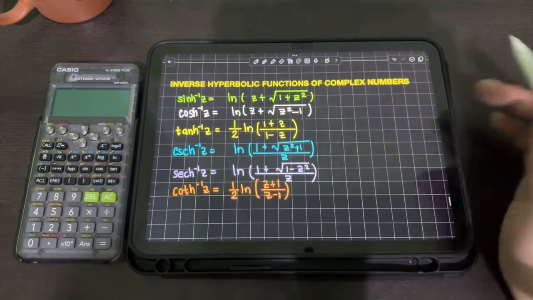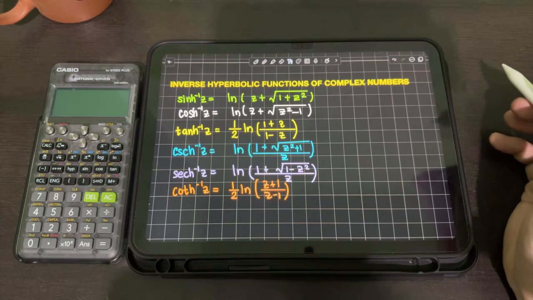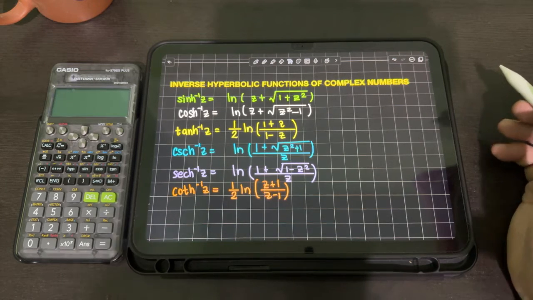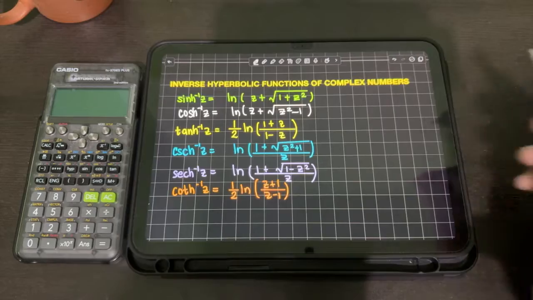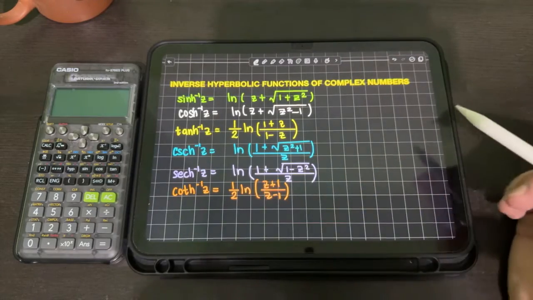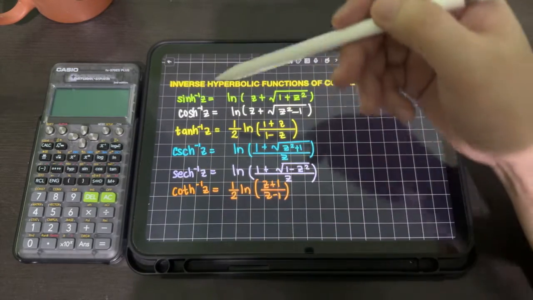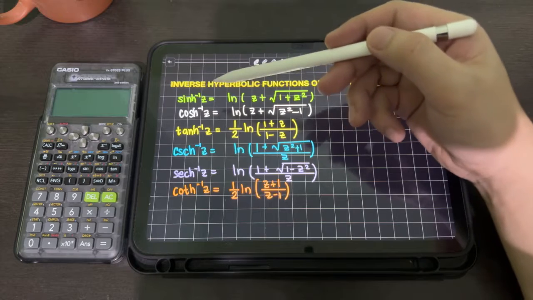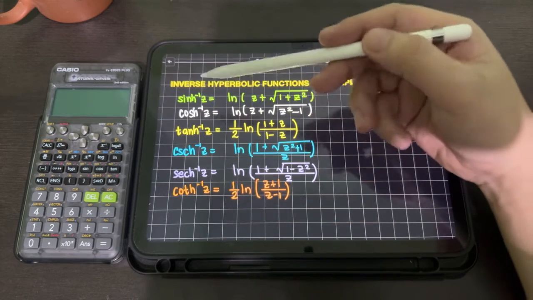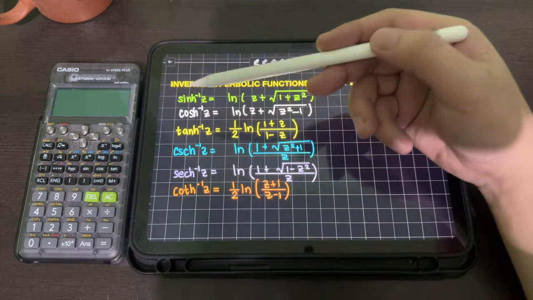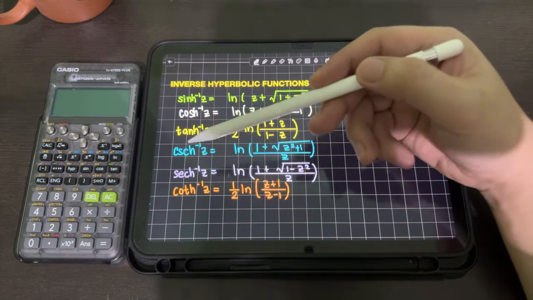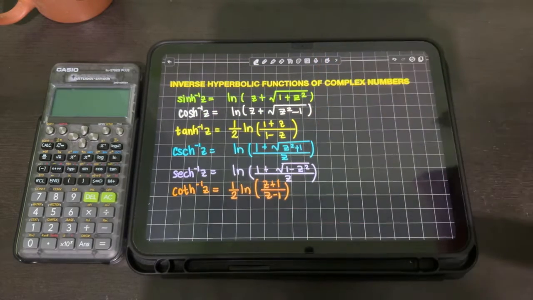Okay. When evaluating inverse hyperbolic functions of complex numbers, you must memorize these formulas. We have 6 corresponding to the inverse of the 6 hyperbolic functions: the sinh, the cosh, the tanh, the csch, the sech, and the coth.